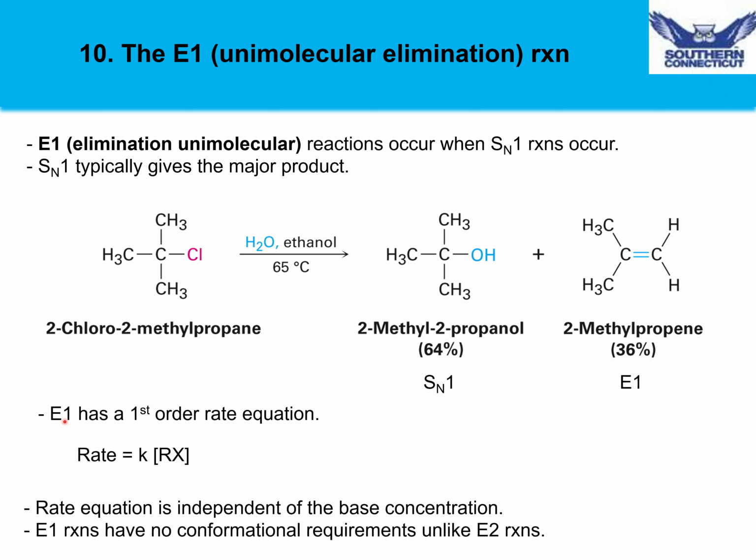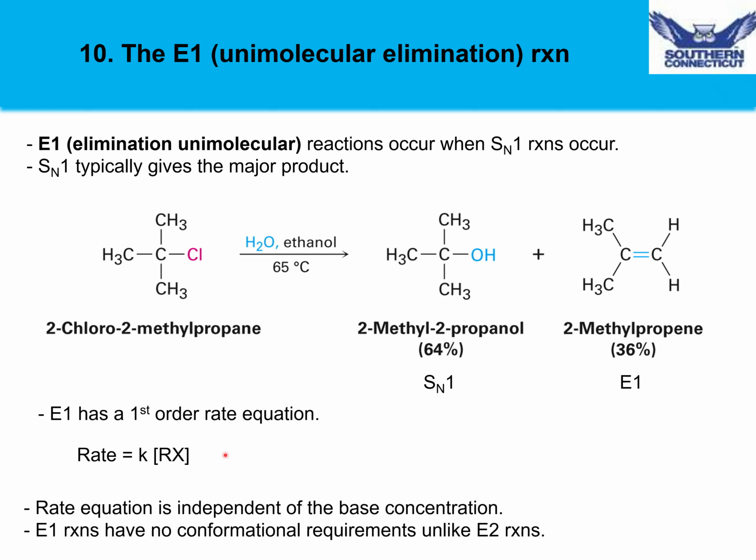The rate equation for an E1 reaction is first order overall, as shown by this equation. Rate is equal to k times the concentration of the alkyl halide. Very similar to an SN1 reaction. Notice it points out that the reaction is only dependent on the concentration of the alkyl halide.